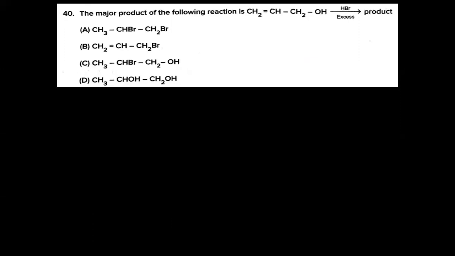40. The major product of the following reaction: CH2=CH-CH2OH on treating with HBr in excess gives product. The major product is asked.